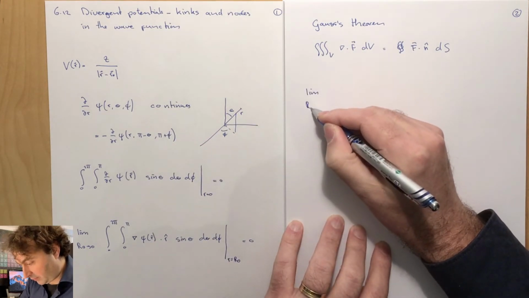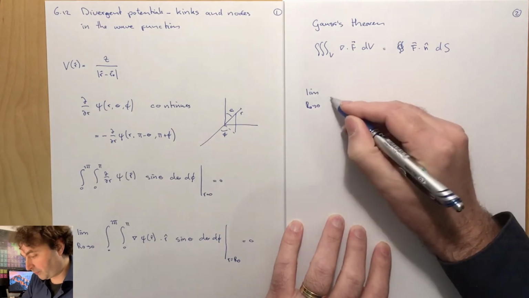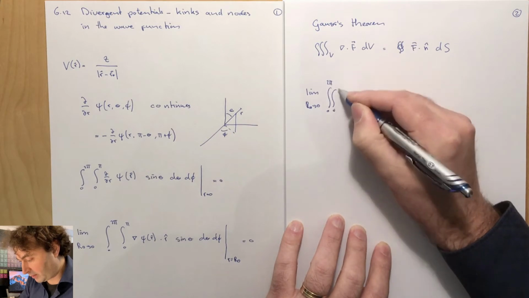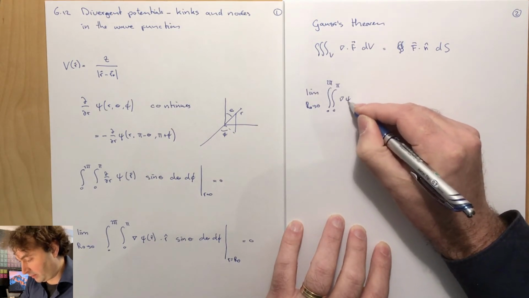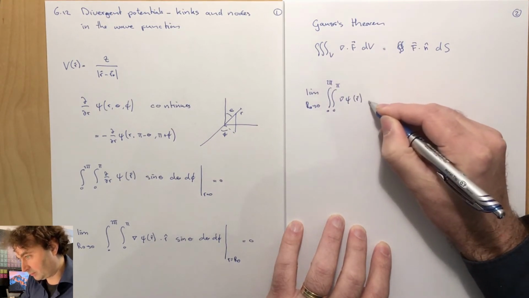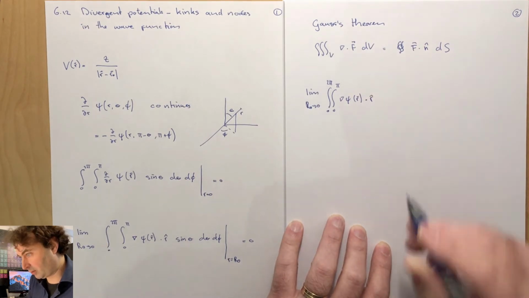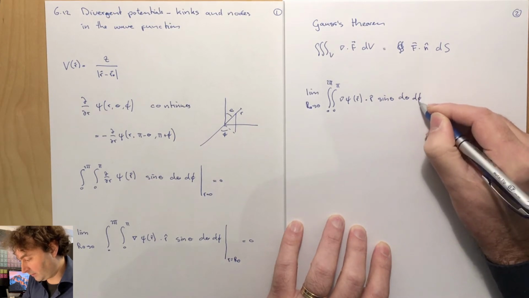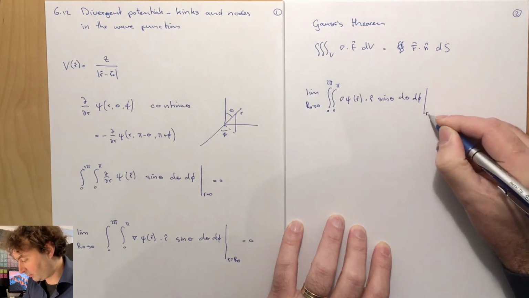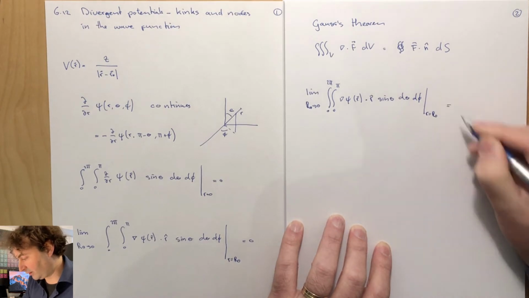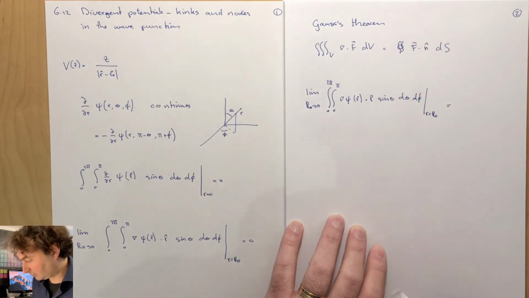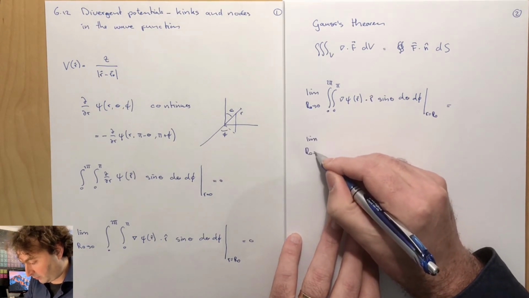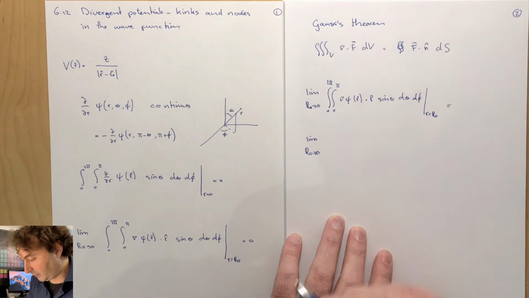So we have the limit of R0 going to 0, the double integral from 0 to 2 pi, 0 to pi of the gradient of the wave function dot r sine theta d theta d phi evaluated at R0 is equal to, we still have that limit of the radius of our sphere to 0.